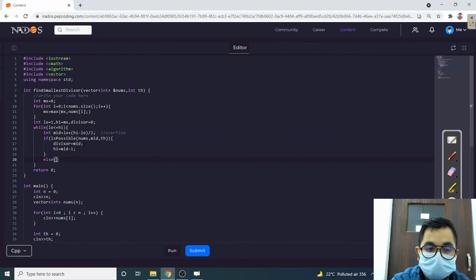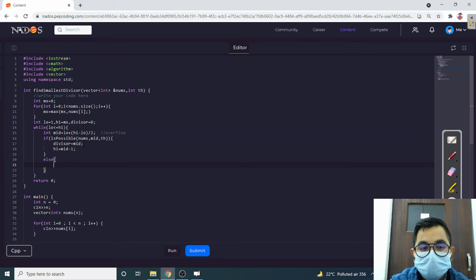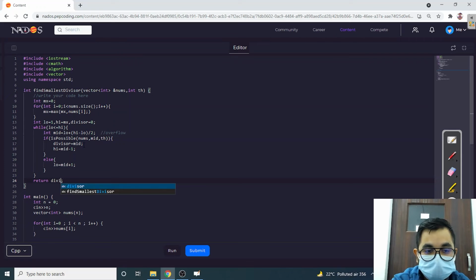Else, if I'm not able to find anything in that area, I need to increase my mid. So for that I need to write low equals mid plus 1. That's it. And after this I'm just going to return the divisor. My function for find smallest divisor is completed.